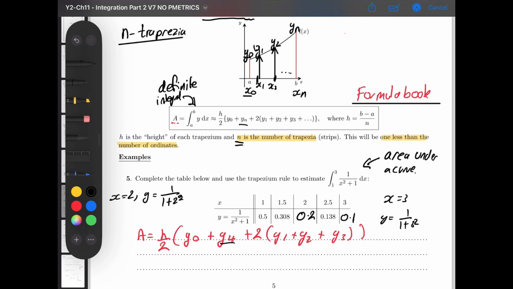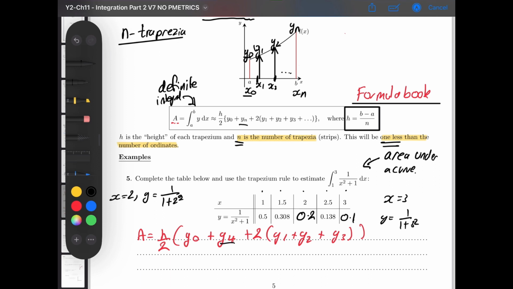And then to work out the width of each trapezium, it's this part of the formula here: h equals b minus a over n. But there are 1, 2, 3, 4, 5 ordinates, and one less for the number of trapeziums.